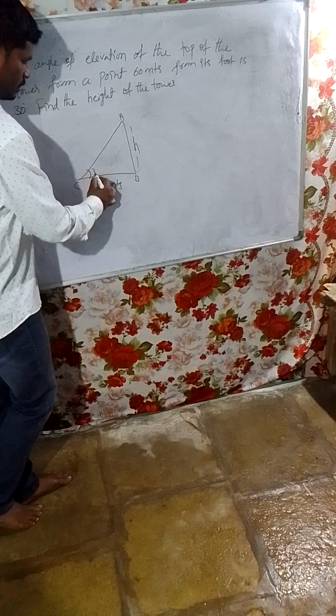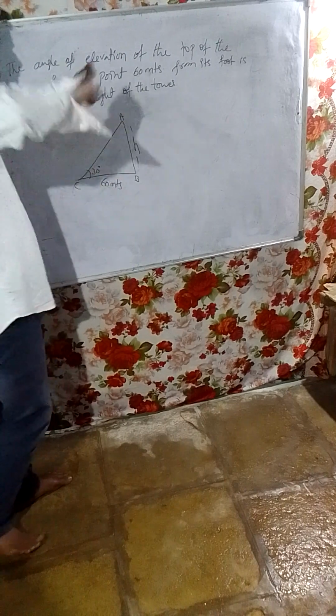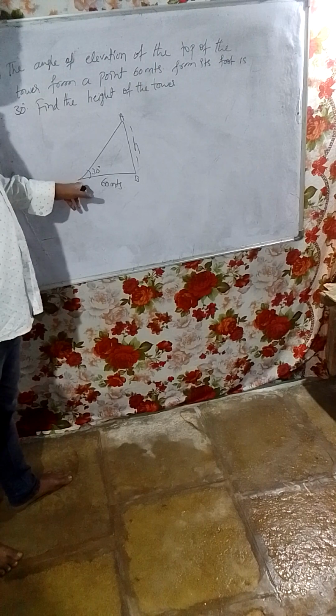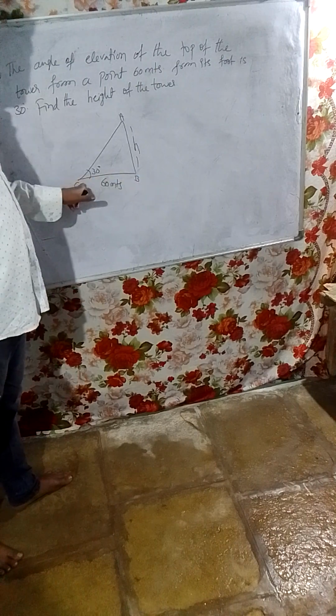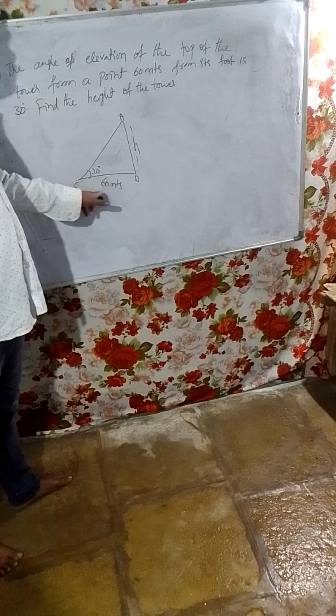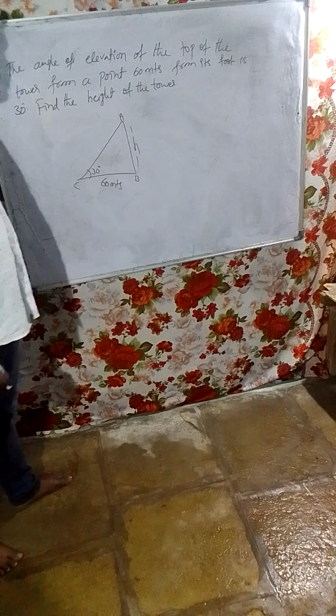The angle is 30 degrees. Here to here is the angle of elevation, seeing upward from its foot, 30 degrees. The distance is 60 meters, here to here. The height we should find out.